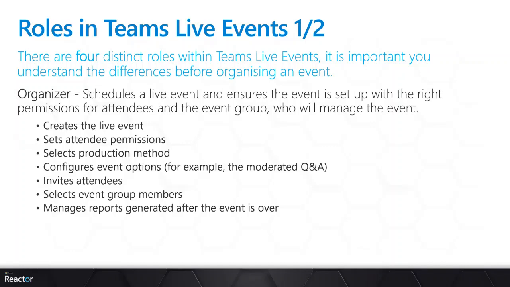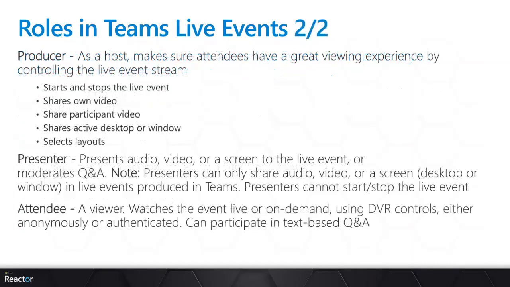And then you've also got event group members, which are effectively the other roles within a live event. So that's effectively organizing who can do what within the live event. The second role is a producer, and that's the individual or individuals that are producing the event.